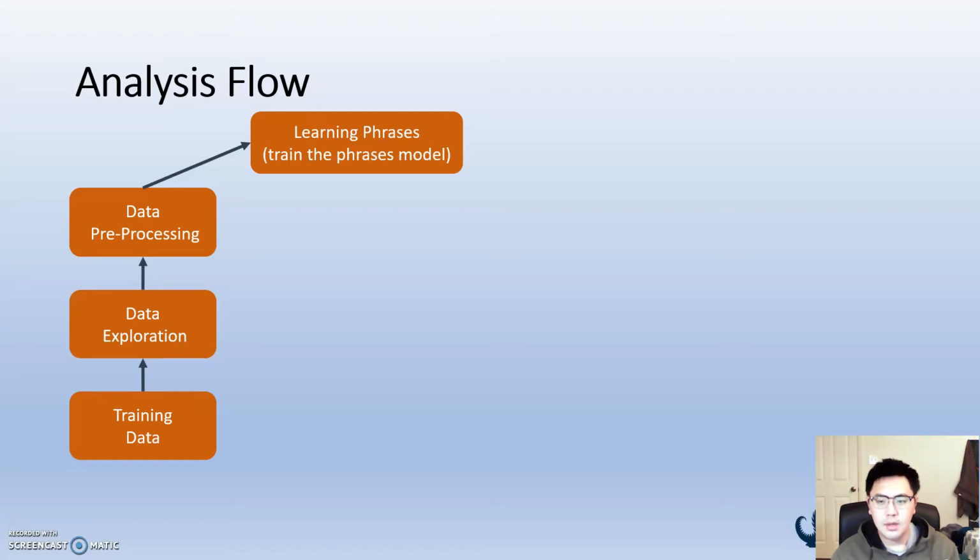If we combine these kinds of words together, the final analysis result could be much more intuitive and much more accurate. So we need to train this model. In this step we let the model know what kind of two words or three words can form a phrase.